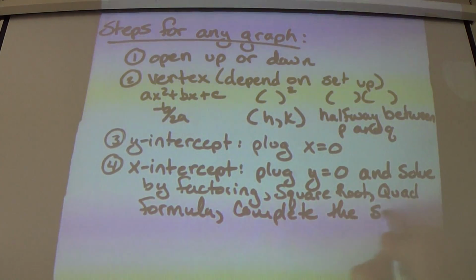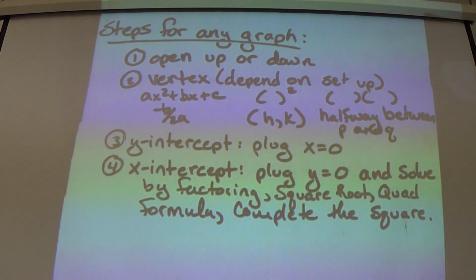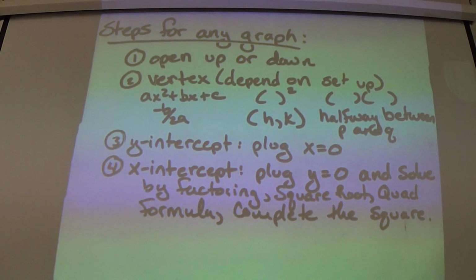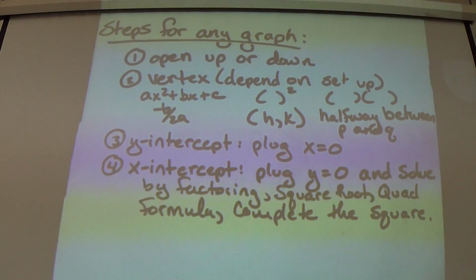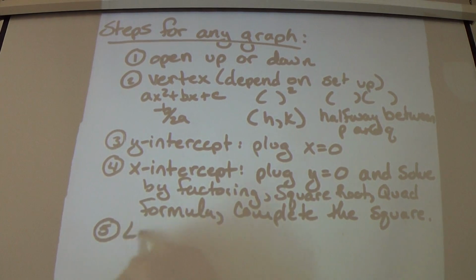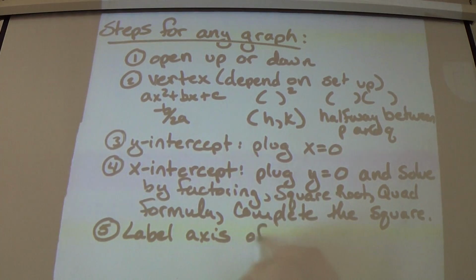So all of those methods that you used in the last quiz are going to come back with you. And then finally, the last step is to go ahead and label your axis of symmetry.